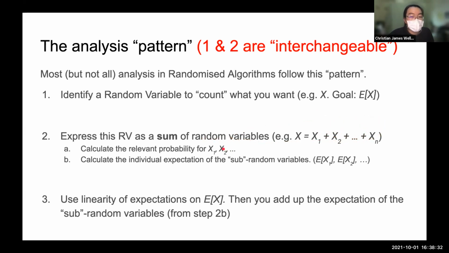Calculate the relevant probability for x1, x2, and so on. Then if you are using IRVs, you get the expectation for free. Remember that the expectation of an indicator random variable is the probability of its associated event happening. After that, use linearity of expectation to add up the sum of random variables.